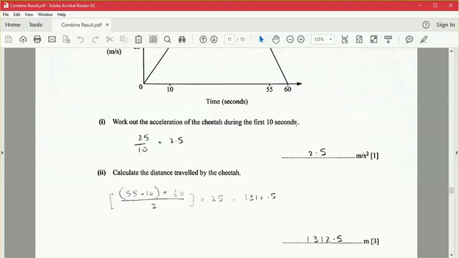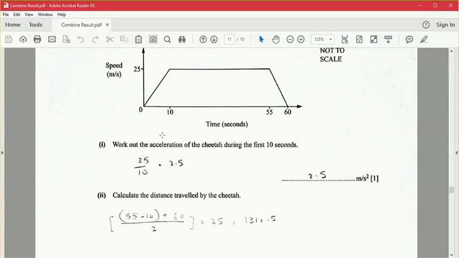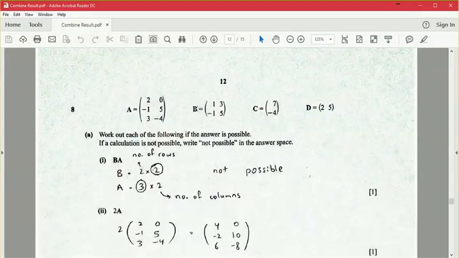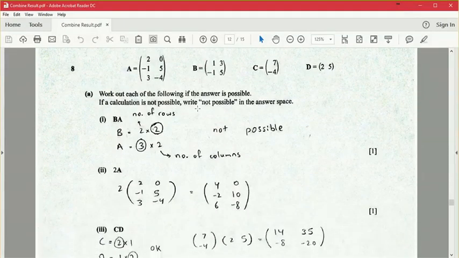This is the trapezium equation, and you can also solve it by dividing it. Here you can find a triangle, calculate its area, and another triangle and the square. But the trapezium rule is actually faster. It's faster to solve it, more quick.